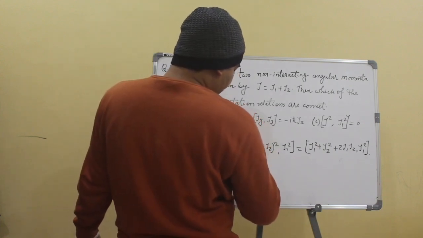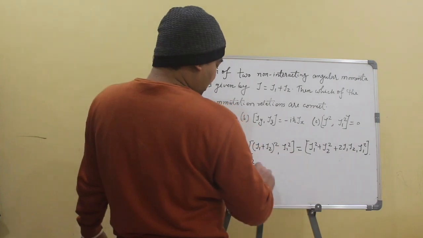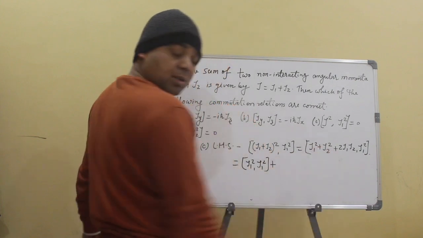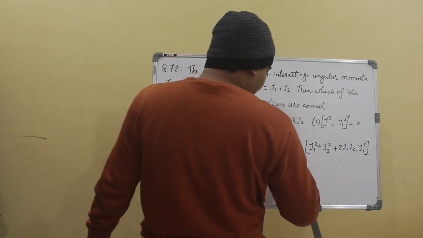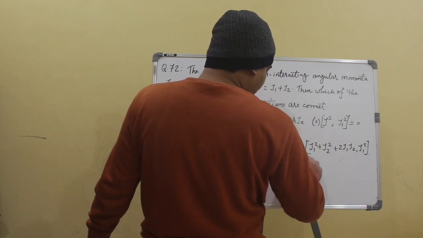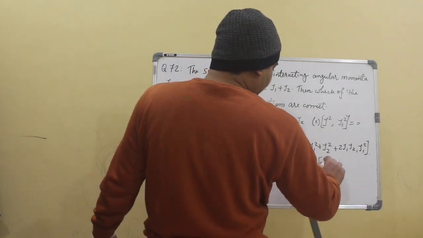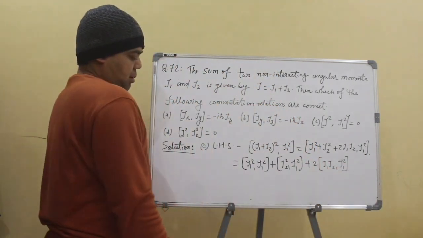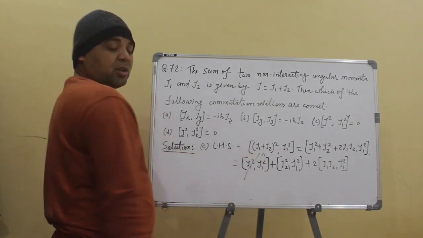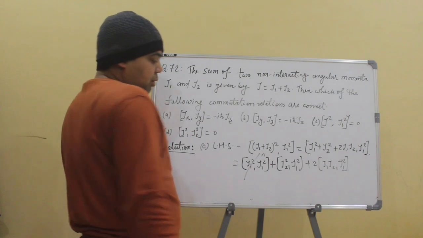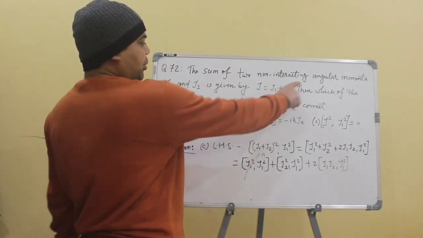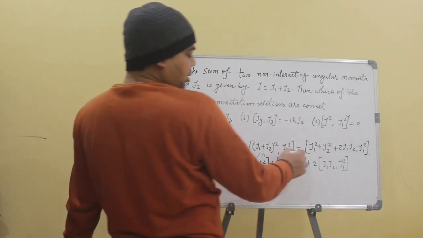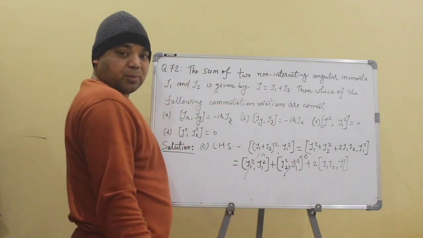It will be written as [J1², J1²] plus [J2², J1²] plus 2[J1 J2, J1²]. Now J1² and J1², the commutator of two same quantities, is always 0. J2 and J1 are independent, as we have said clearly, non-interacting. So independent means their commutator is 0.